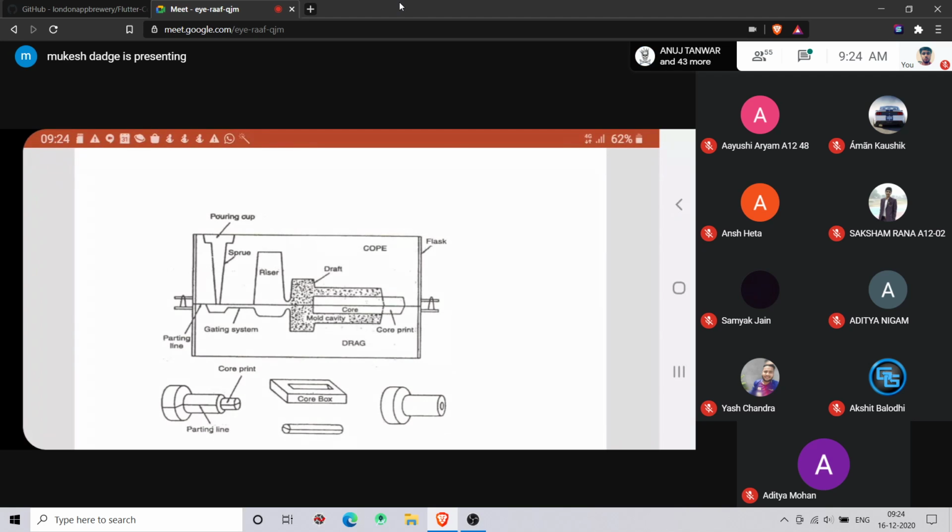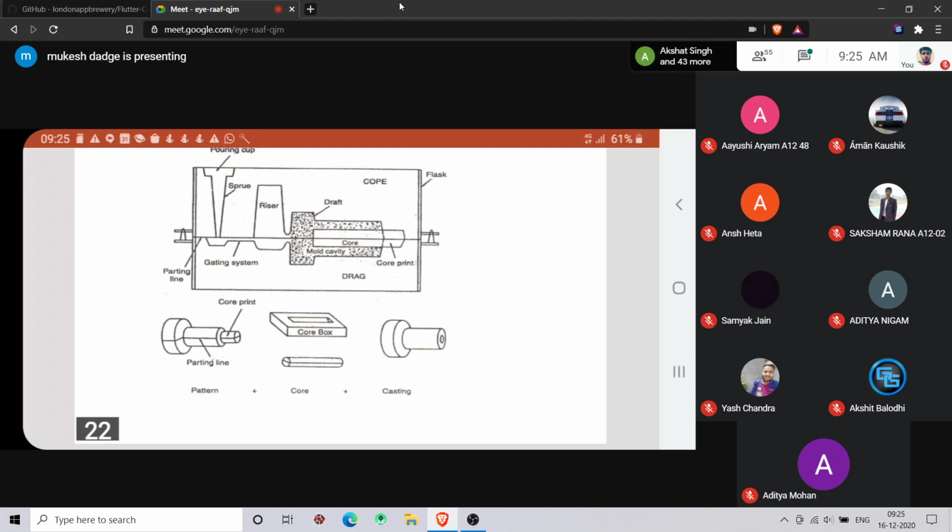So what are we doing basically? Your mold is created. At the pouring cup you pour the molten metal. It follows the path from the sprue to the gating system and riser, and then it will fill the cavity. The upper flask is called the cope and the bottom is called the drag.